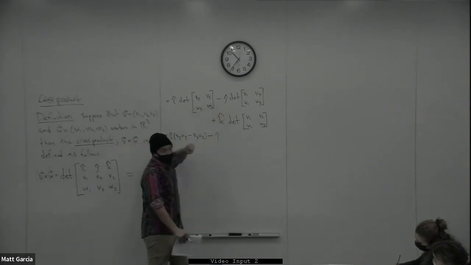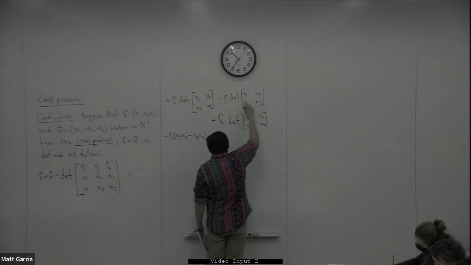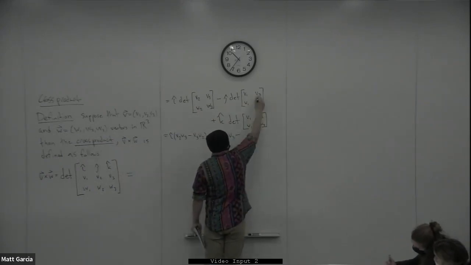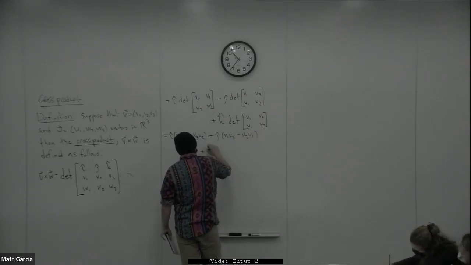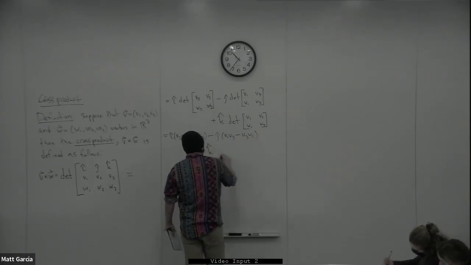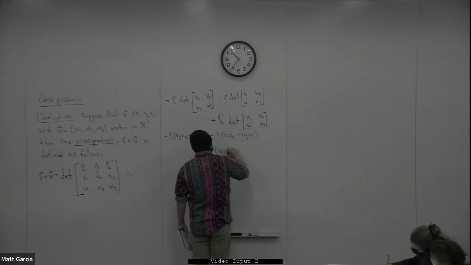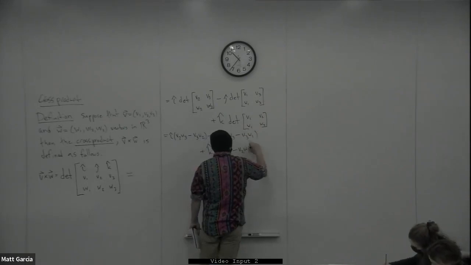Positive, negative, positive. So minus J hat, this 2 by 2 determinant is V1 W3 minus V3 W1, plus K hat times this 2 by 2 determinant, V1 W2 minus V2 W1.